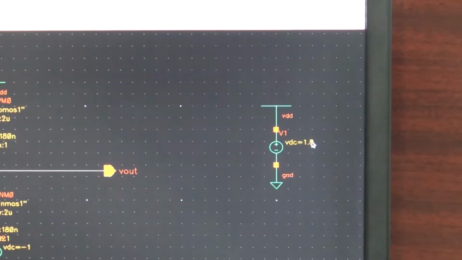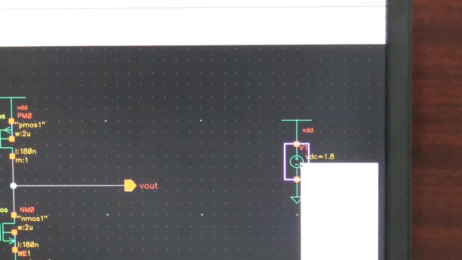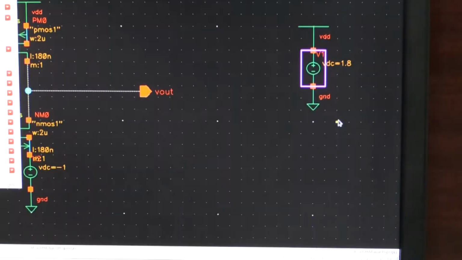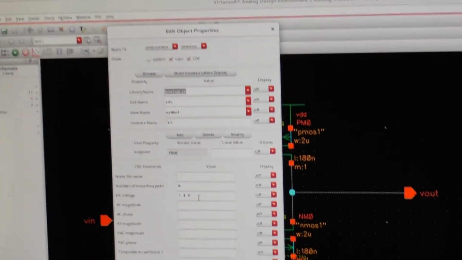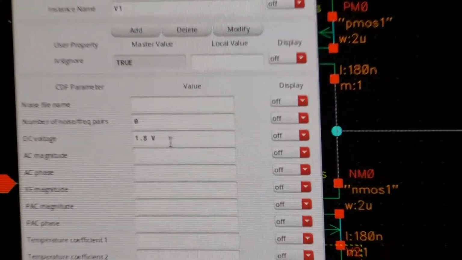And the VDC, I have taken it as 1.8 volts. You can see here in the properties that VDC is 1.8 volts. So this is how I have taken 1.8 volts.